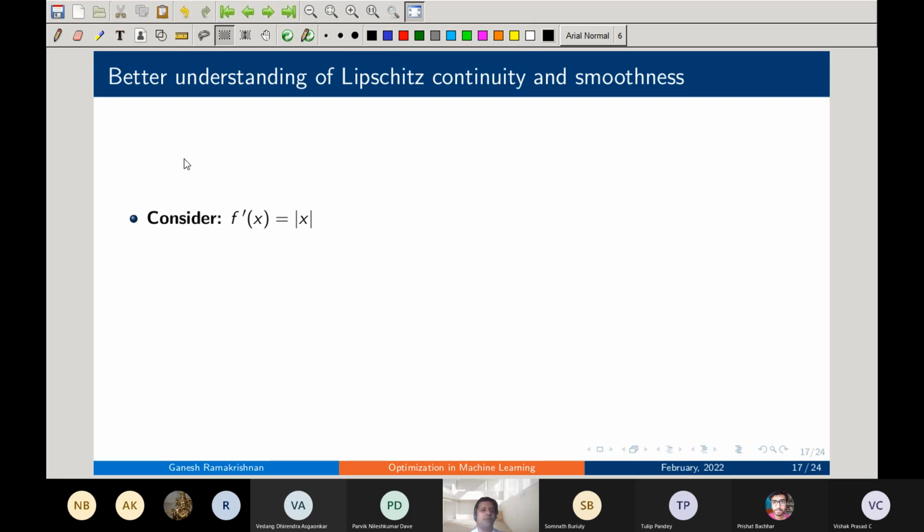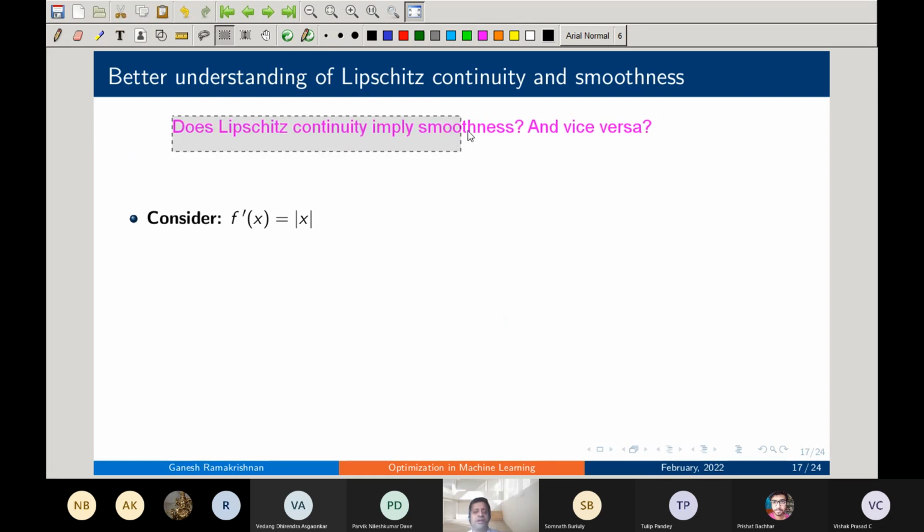Now, one question I have, on the understanding of Lipschitz continuity and smoothness: does one imply the other? Does Lipschitz continuity imply smoothness and vice versa? Anyone? Are they connected?